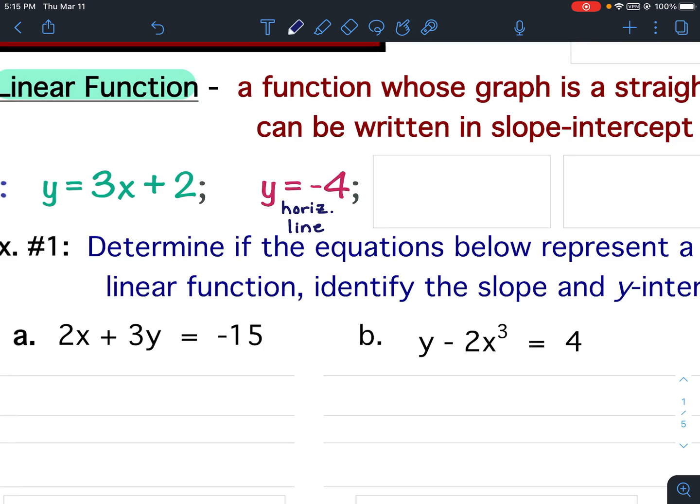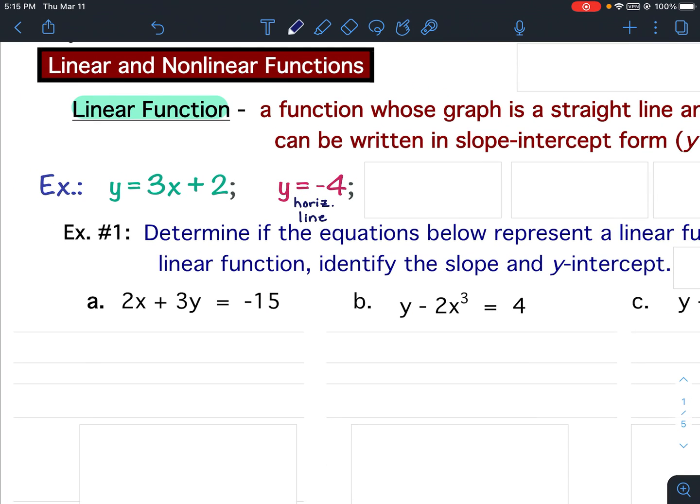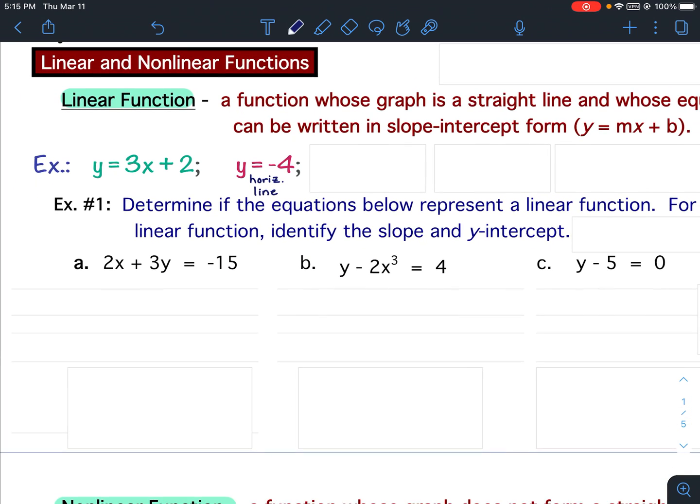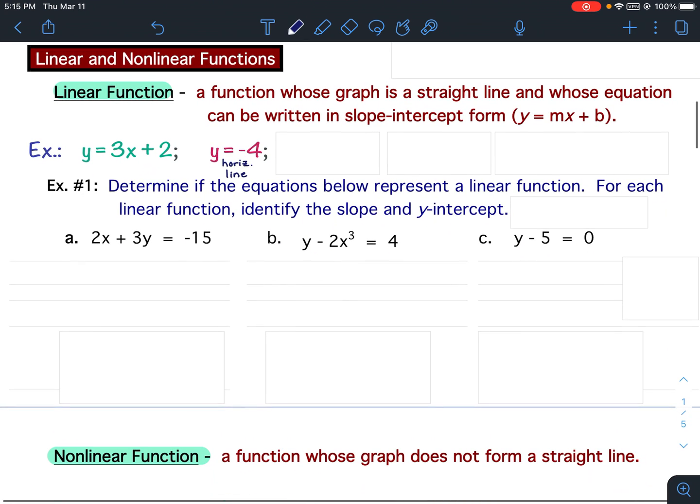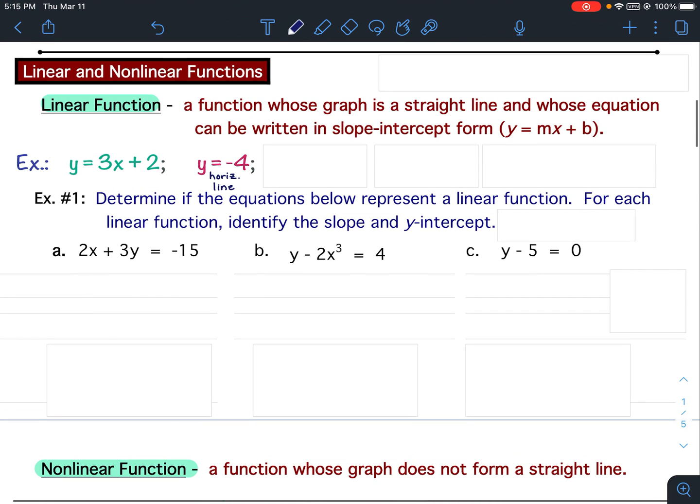This is a horizontal line, a flat line, so the slope is 0, and the y-intercept would be where it crosses the y-axis at negative 4. So for horizontal lines, your slope is 0, and your y-intercept is the number it's equal to. So that's y equals negative 4. The y-intercept is negative 4.